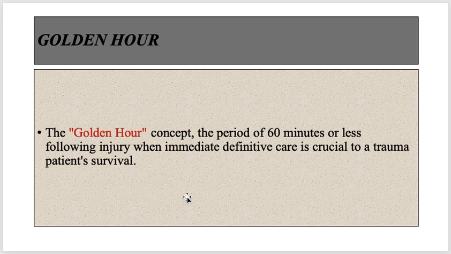But of course, with an obstructed airway, you have to provide care within minutes. Otherwise the patient can die because the airway is not patent. And that's the reason they say ABC: A is for airway, B for breathing, and C is for circulation. And that's how we go in reality as well.